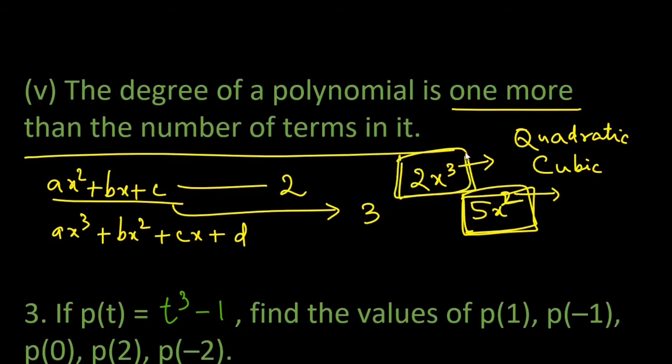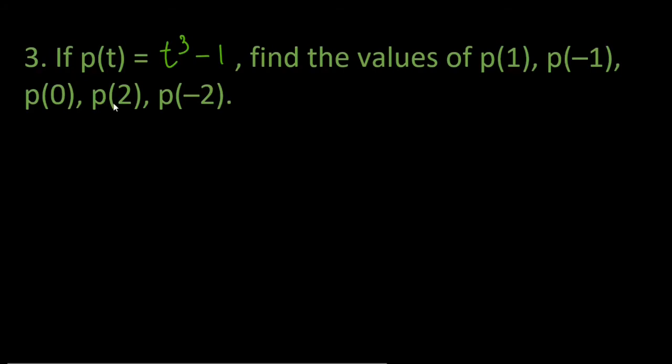Here only one term is there, the degree is 3. So generally the number of terms is one more than the degree only if all the possible terms are in the polynomial. So this is false.